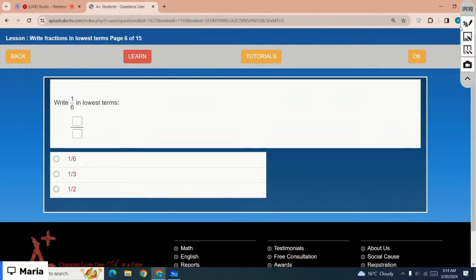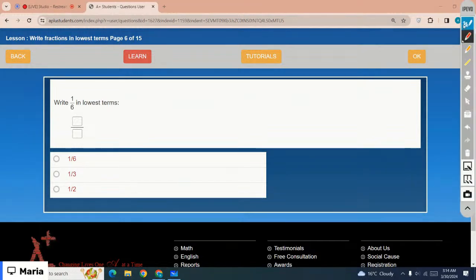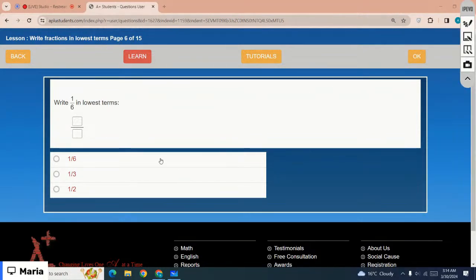No, the greatest common number that can divide both is 1, right? That is 1 over 6, not 1 over 2. You already have 1 in the numerator. How can you divide it by 2? Got it? The correct option is option number 1, that is 1 over 6. It's okay. Be careful, right?